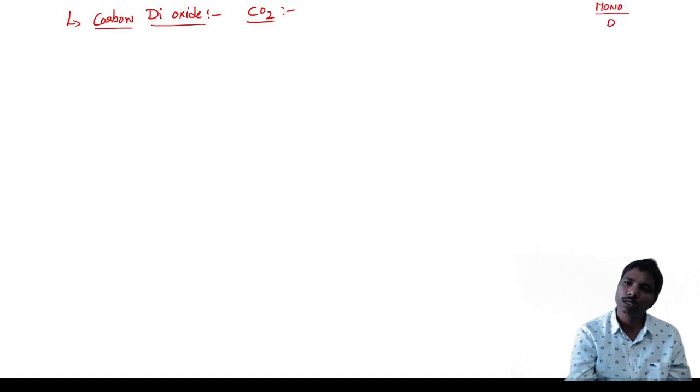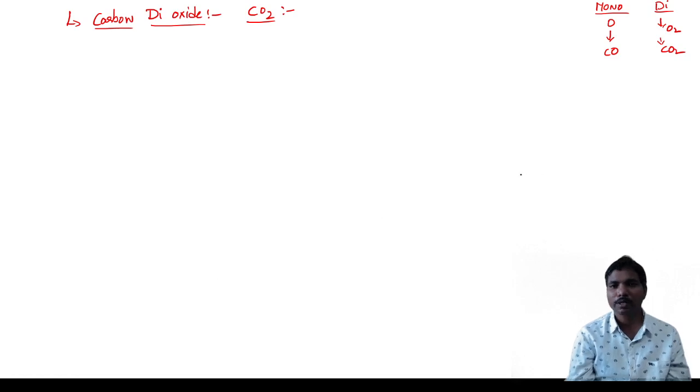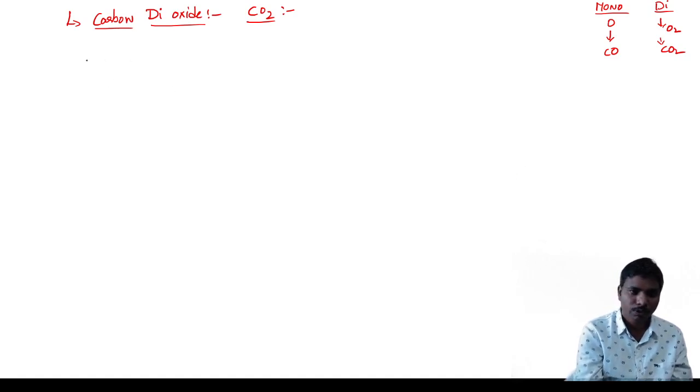Mono means one oxygen, so you will get CO. Dioxide means two oxygens, then it becomes CO2. So it uses the complete oxygen, complete combustion. This gas is released whenever carbon combusts with oxygen completely.